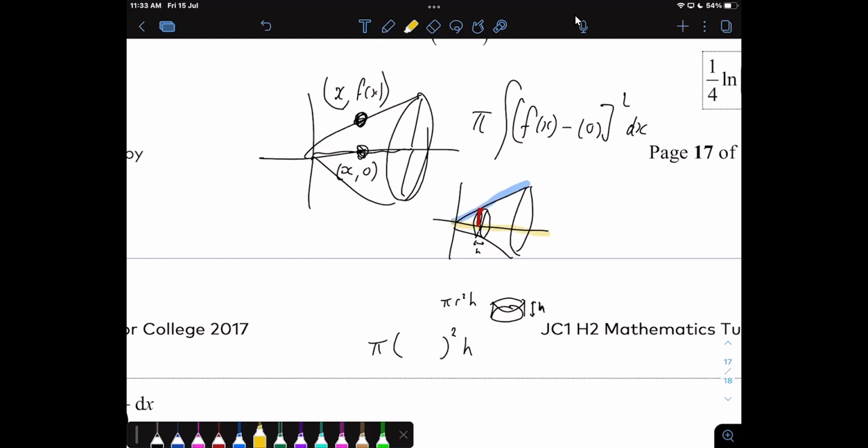In this case, it happens to be the x-axis. So we just need to take y equals f of x, and y equals 0. This is like y big, this is y small. How do you find the radius now? Just take y big minus y small, which is f(x) minus 0. Right? And then you get your radius, pi r square h.